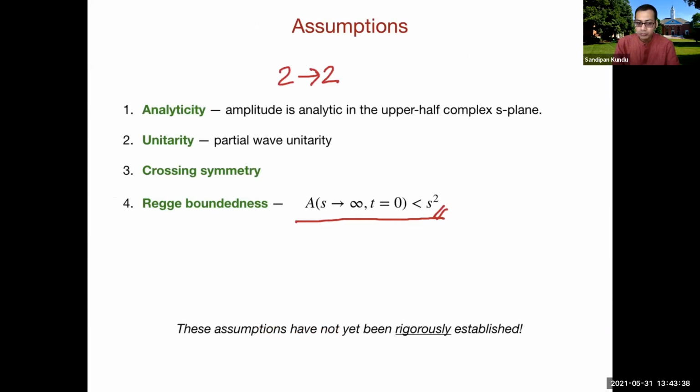In general, the condition that's kind of tricky is probably the Regge boundedness condition, which, as you said, is not very general. In situations where there is a mass gap, probably you can argue that this is true, but in general, I don't think there is a general argument which says this has to be true. But the other conditions are more or less better understood. That's what I would say.